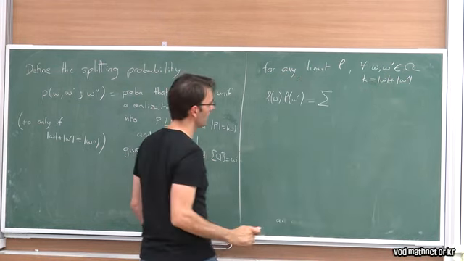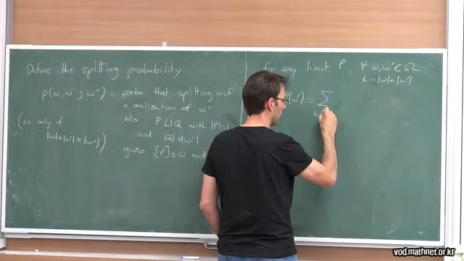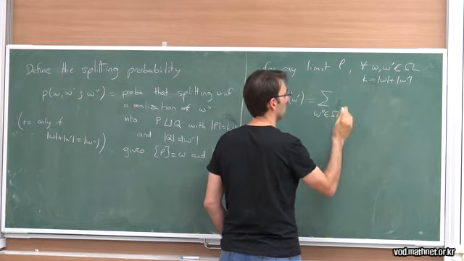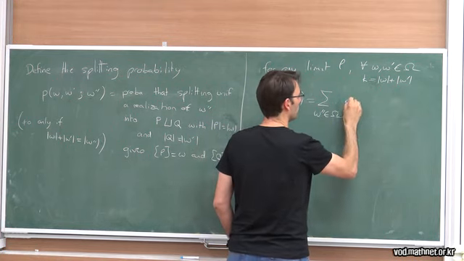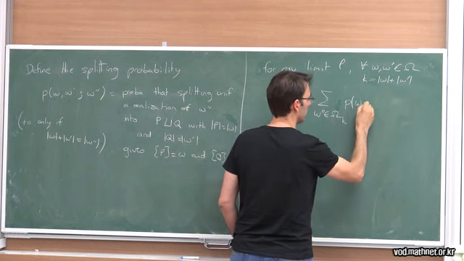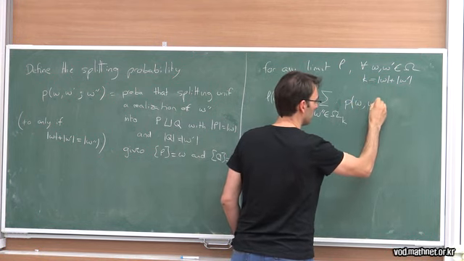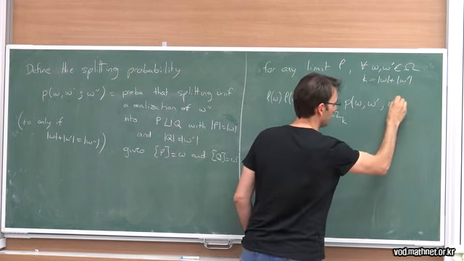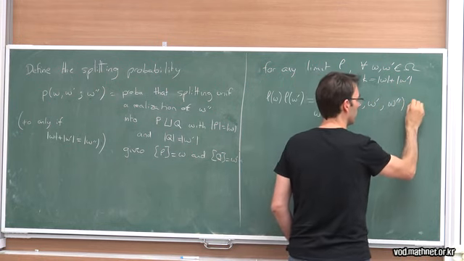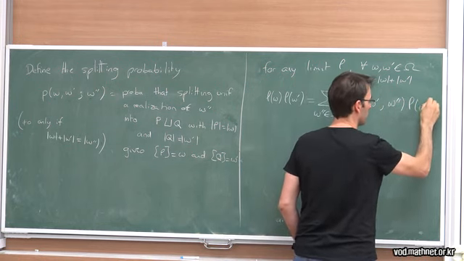You sum over all the order types of the right size of the probability of splitting omega second into omega and omega prime, and the density of omega second.